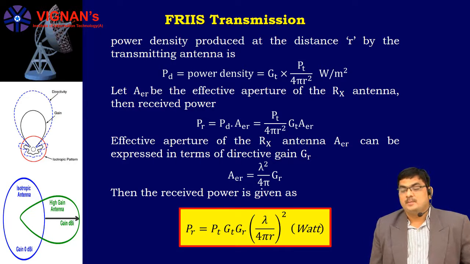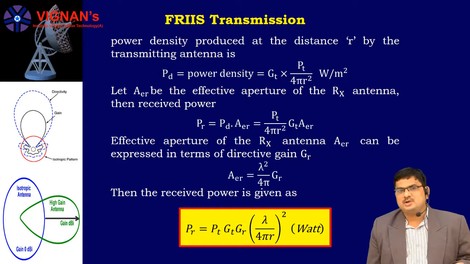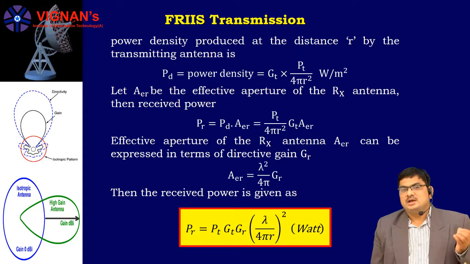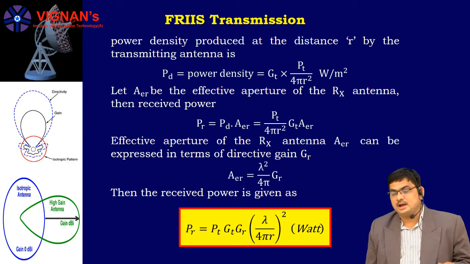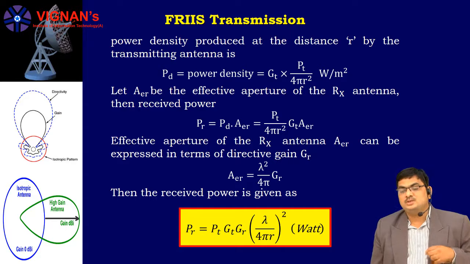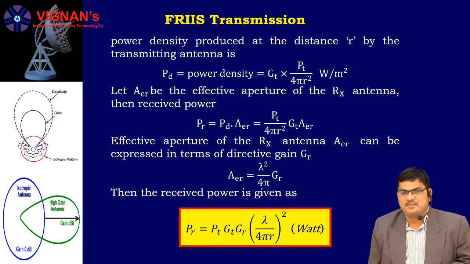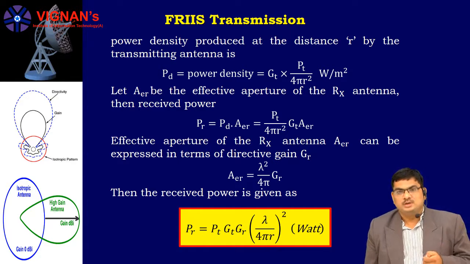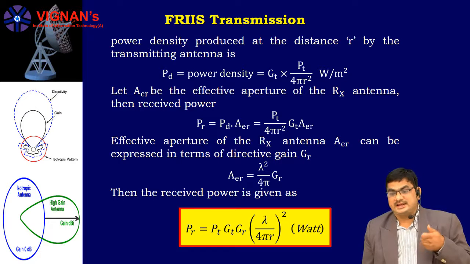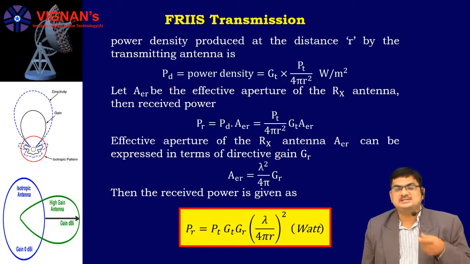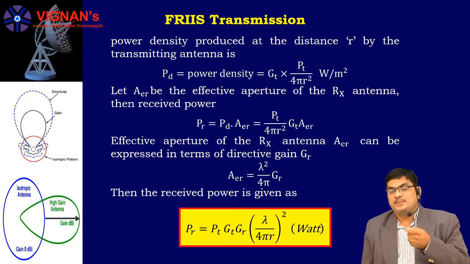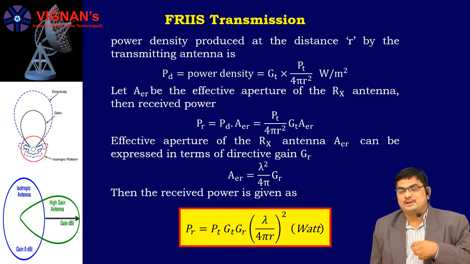We know AER is the effective aperture of the receiving antenna. The received power PR equals the power density at the receiving end times the maximum effective aperture of the receiving antenna: PT by 4 pi R square into GT into AER.